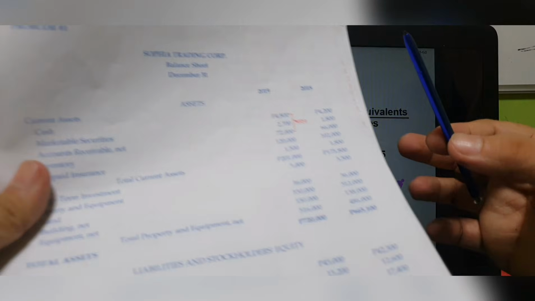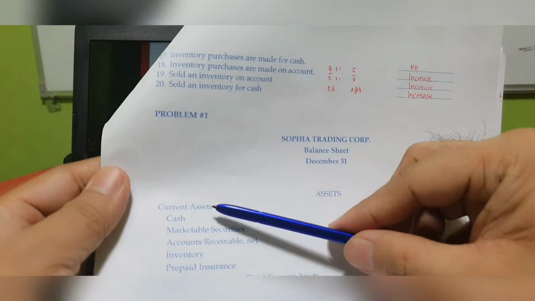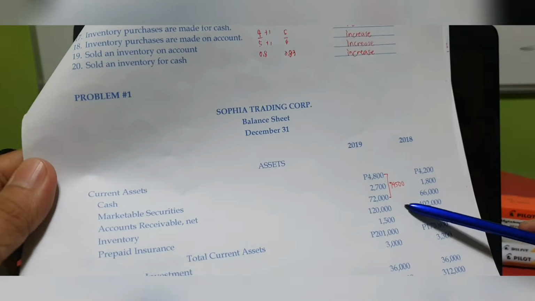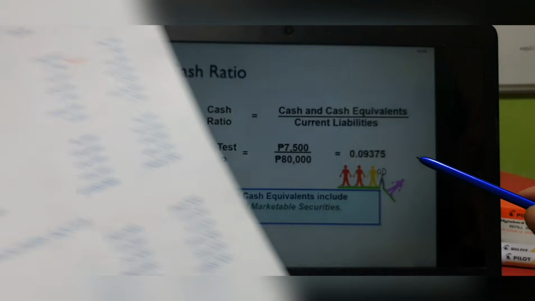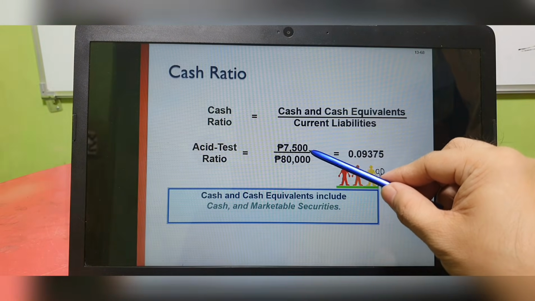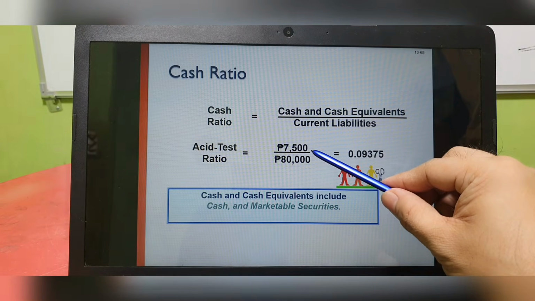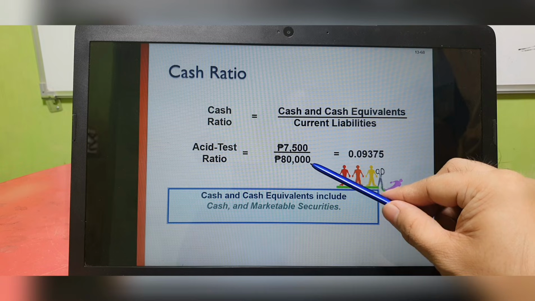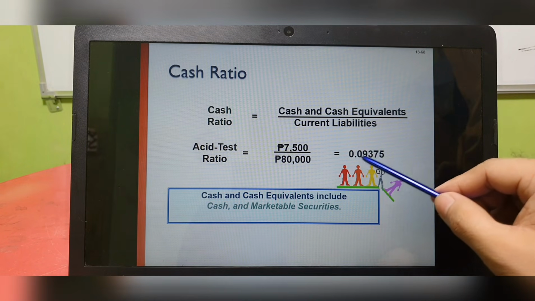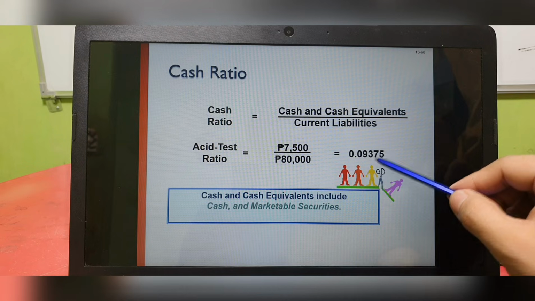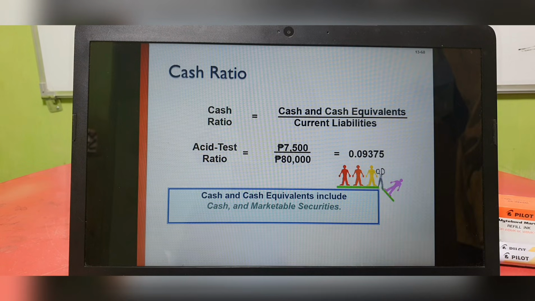Looking at your balance sheet earlier, we have cash and marketable securities of 4.8 and 2.7. So a total of 7.5 cash and cash equivalents divided by the current liabilities shows that we have a 0.09375 cash ratio. It's low. So we have to do something about it.